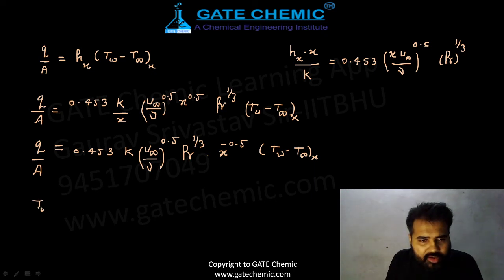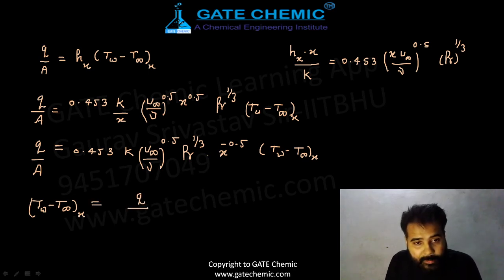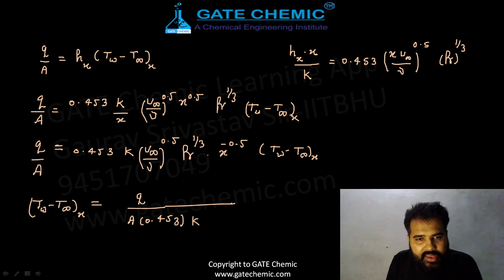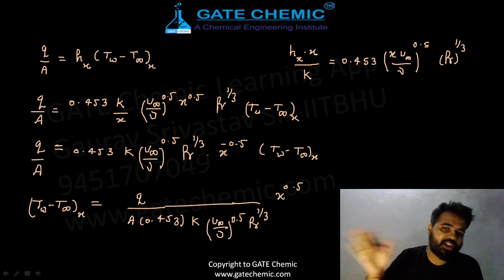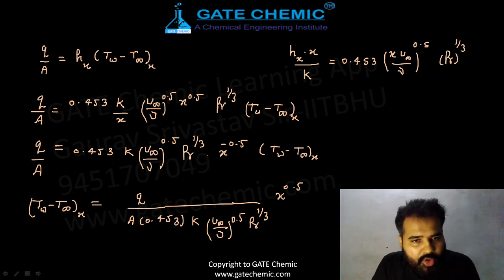So here you can write this T_w minus T infinite at x as q by A divided by 0.453 into k into u infinite by nu to the power 0.5, Prandtl number to the power 1 by 3, and into x to the power 0.5, because here x to the power minus 0.5, so when you take it to the other side, it will convert into x to the power 0.5.